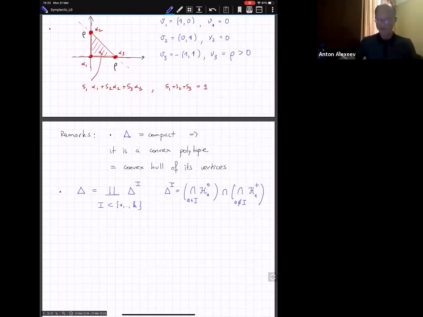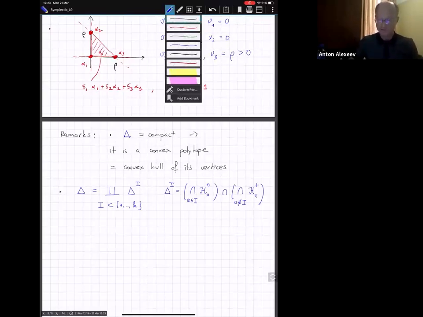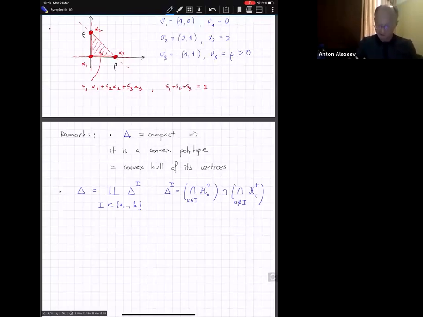So let's, for instance, redo this example with a triangle, just to show how this stratification of the polyhedral set looks like. And you will see, everything I'm doing now is very, very useful for us.